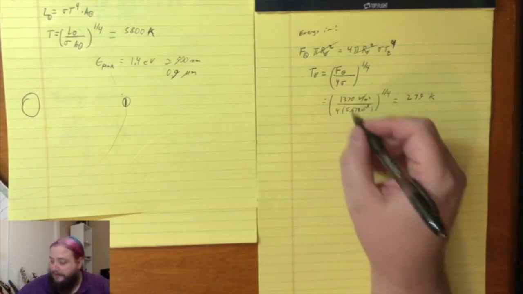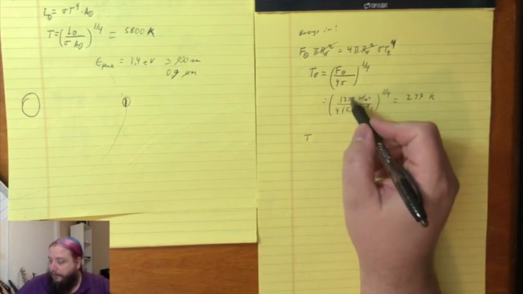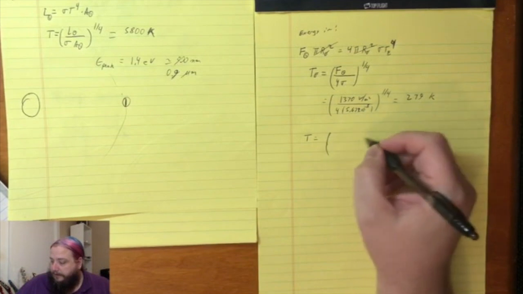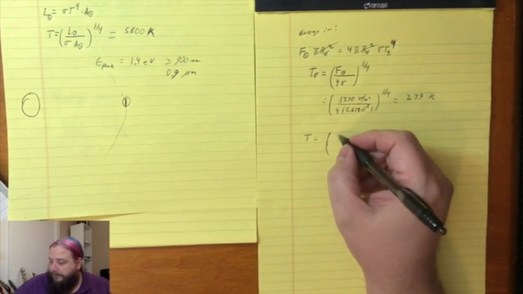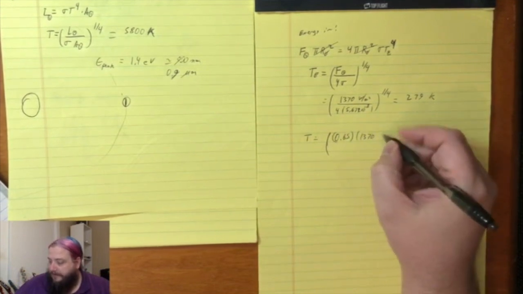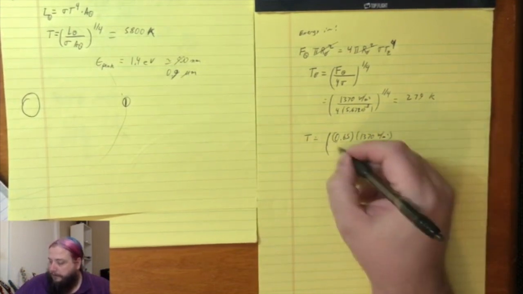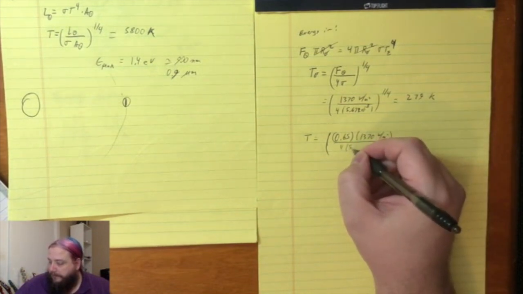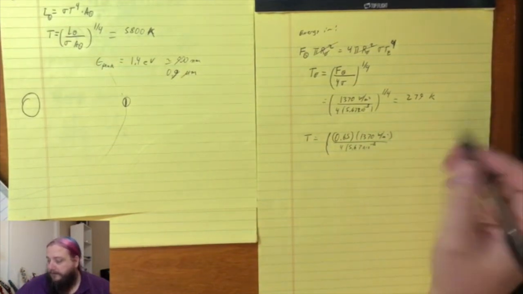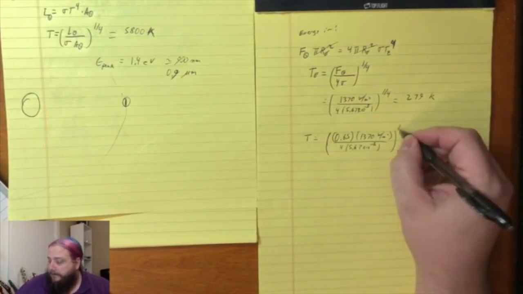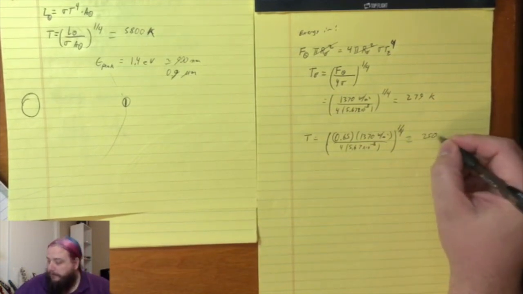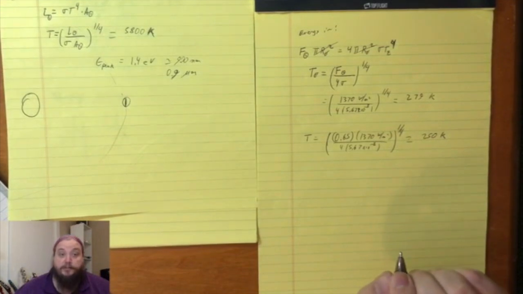And so if we did that same calculation, but lowered the flux to 65%, so 0.65 times our 1370 watts per square meter over 4 times 5.67 times 10 to the minus 8, then you get about 250 Kelvin, which is super chilly.